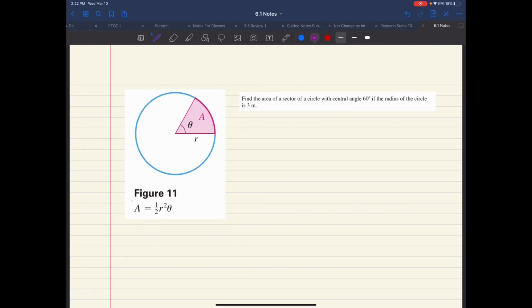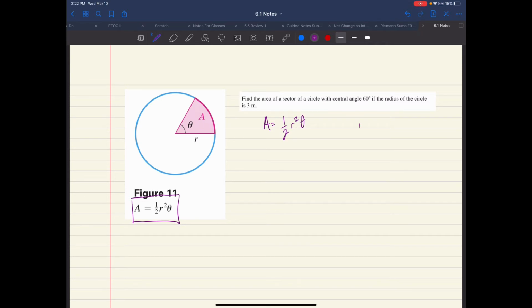Okay, area of a sector is very similar. This is derived from the area of a circle, and this is just finding pizza-shaped chunks of a circle. It says find the area of a sector with central angle 60 degrees if the radius of the circle is 3 meters. The area formula is 1/2 r squared theta, and theta has to be in radians.